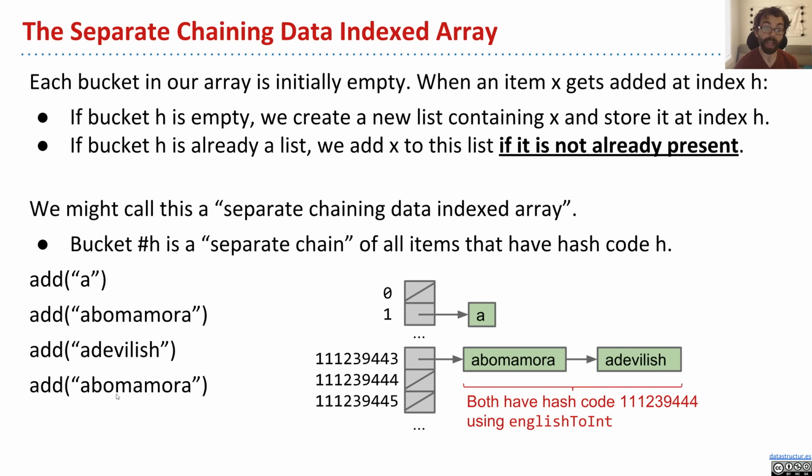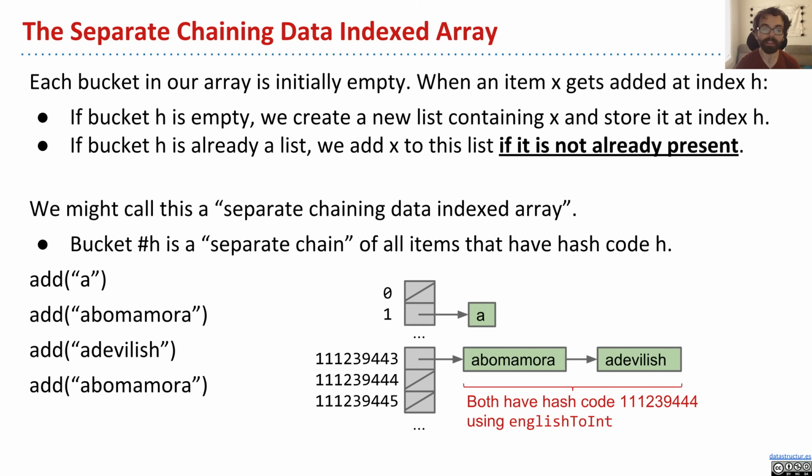Next, if we try and add abomemara, well, nothing happens, because we would compute the hash code, look up this position, iterate through the list, and see abomemara and say, I should not continue adding anything. It's already there. So this approach, we might call it a separate chaining data indexed array.